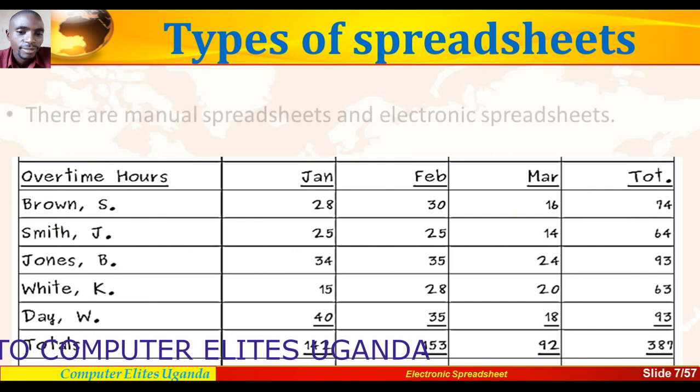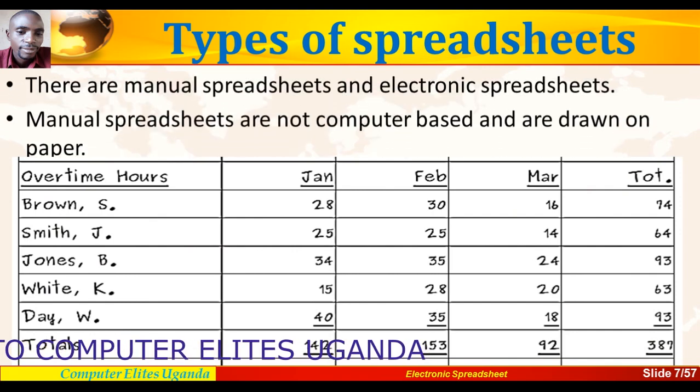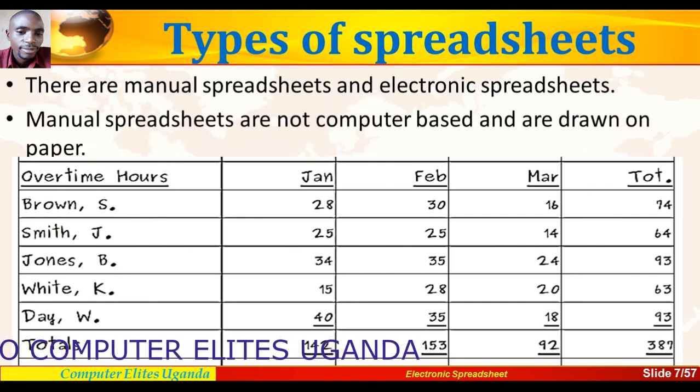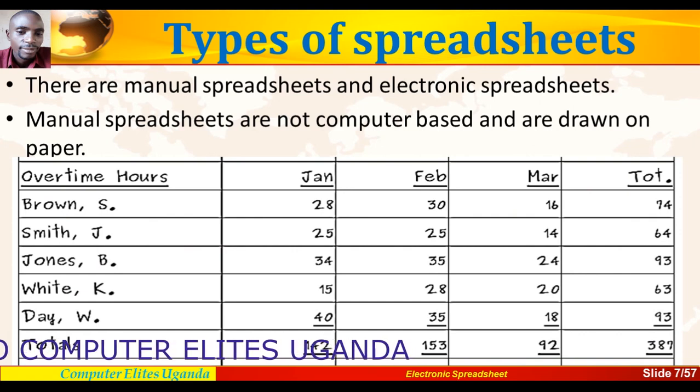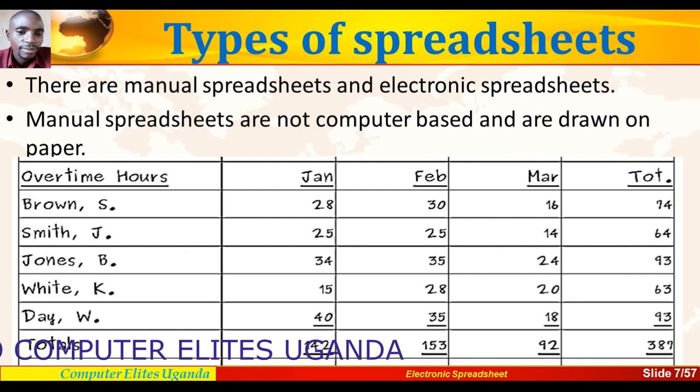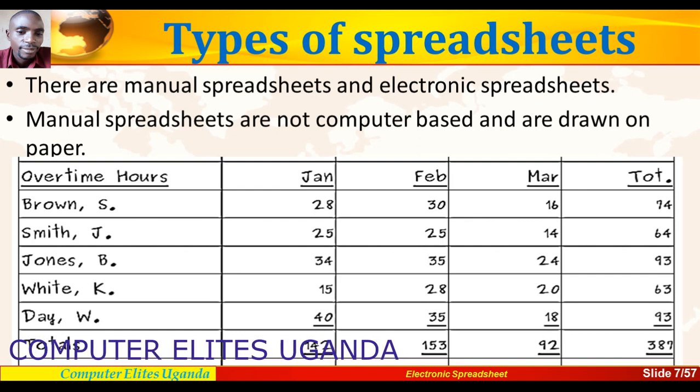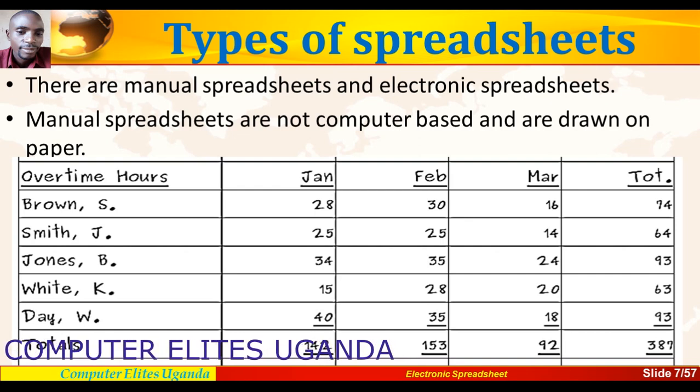Then let us look at the types of spreadsheet. There are only two types: the manual spreadsheet and the electronic spreadsheet. The manual spreadsheet is when computers are not used.